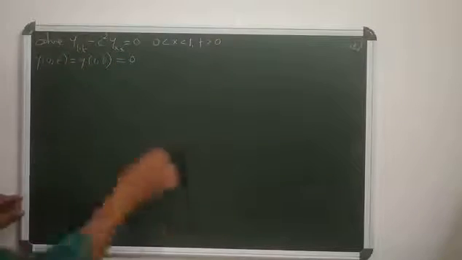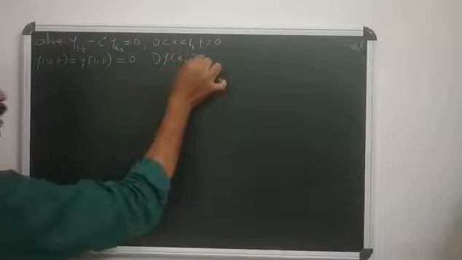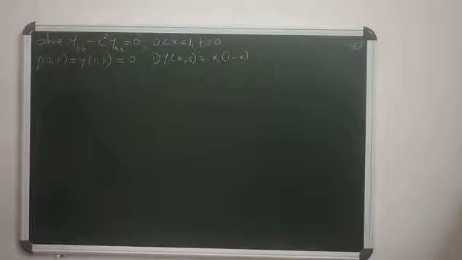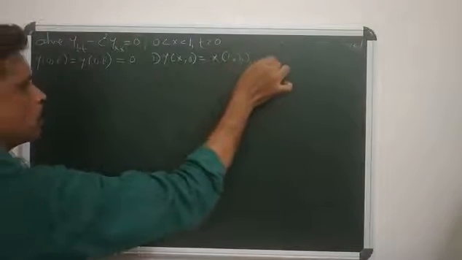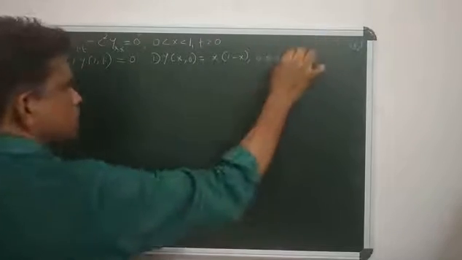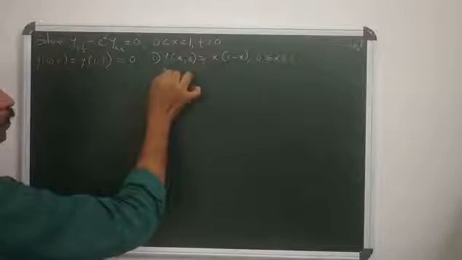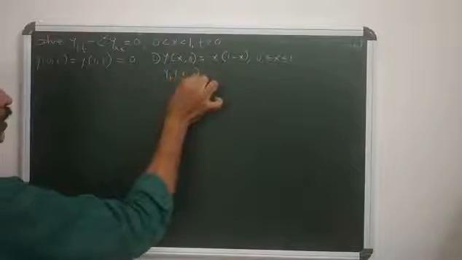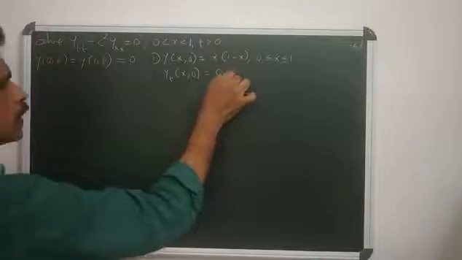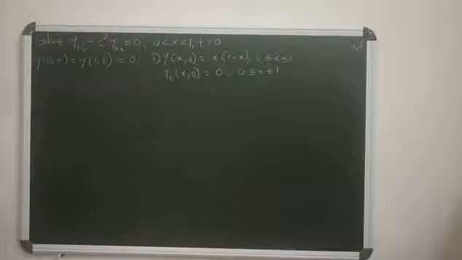Then the first condition is y(x,0) equals x into 1 minus x, where x ranges from 0 to 1, instead of L here it is 1, and yt(x,0) equals 0, again for 0 less than or equal to x less than or equal to 1.